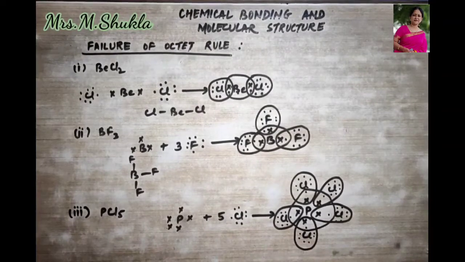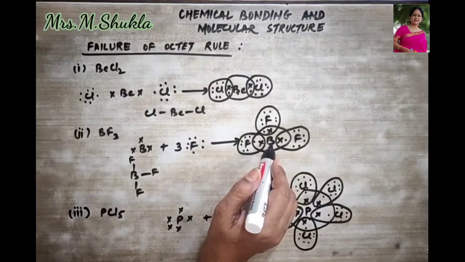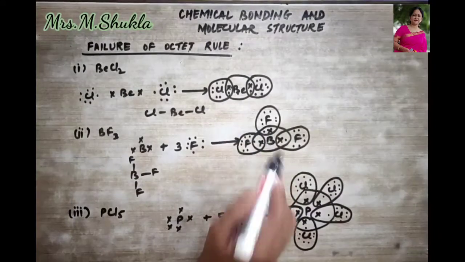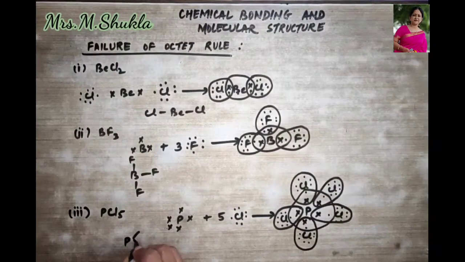So what did I say? Sometimes the outermost shell attains less than 8 electrons and still forms a stable compound. Sometimes it attains more than 8 electrons and still forms a stable compound. What kind of bond do we see with phosphorus over here?